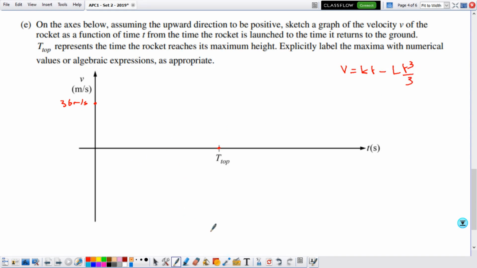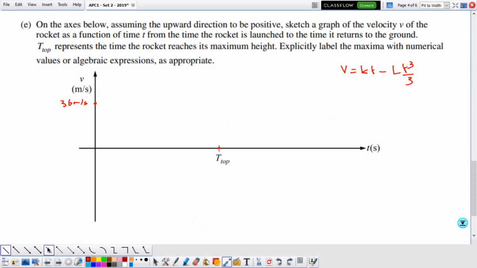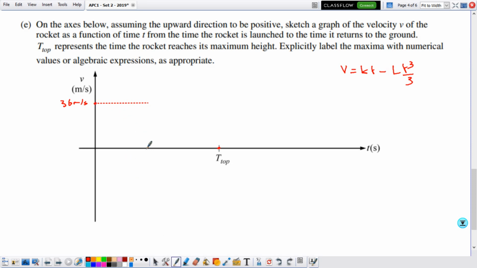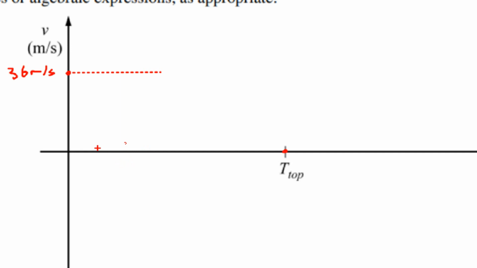Basically, what's going to happen is that for phase 1, the rocket will start from an initial speed, reaching a speed of 36 meters per second.